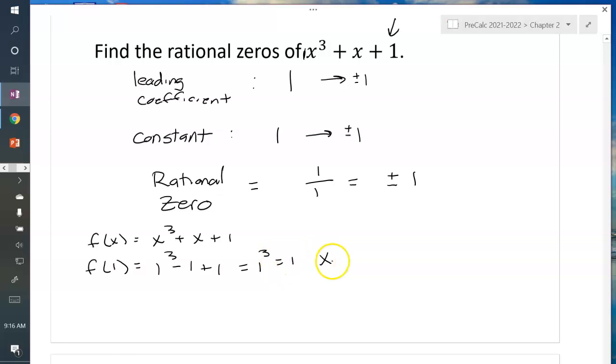That doesn't work. Let's do f of negative 1. Negative 1 cubed minus 1 plus 1 is a negative 1. That also doesn't work. So this one doesn't have any rational zeros. If you were to do a graph of this, you would find that it doesn't cross the x-axis.